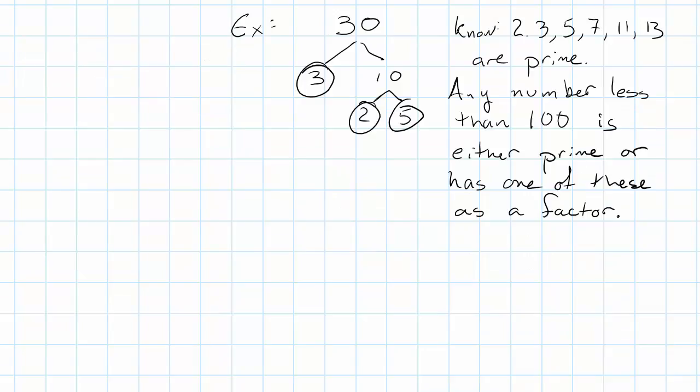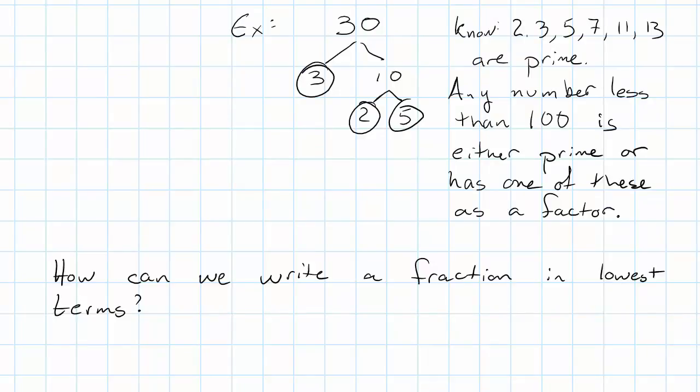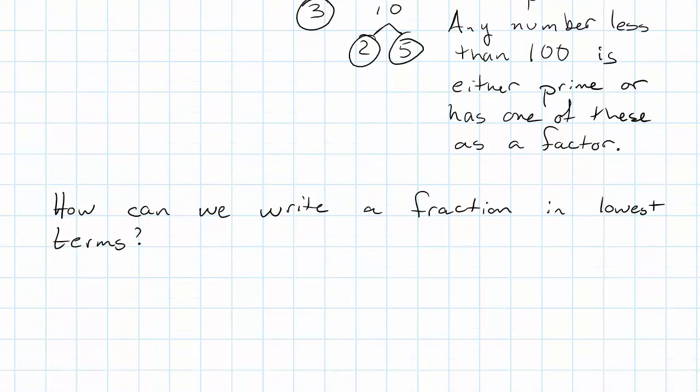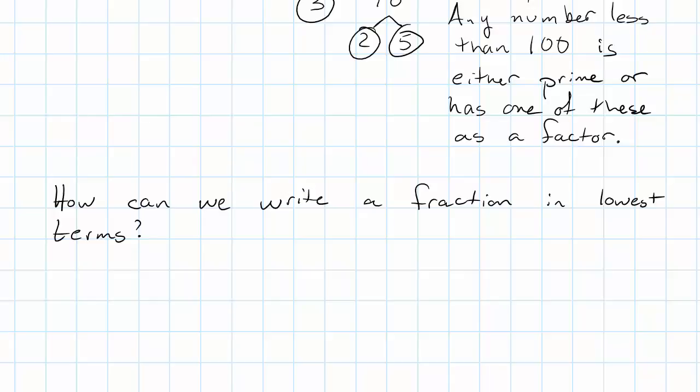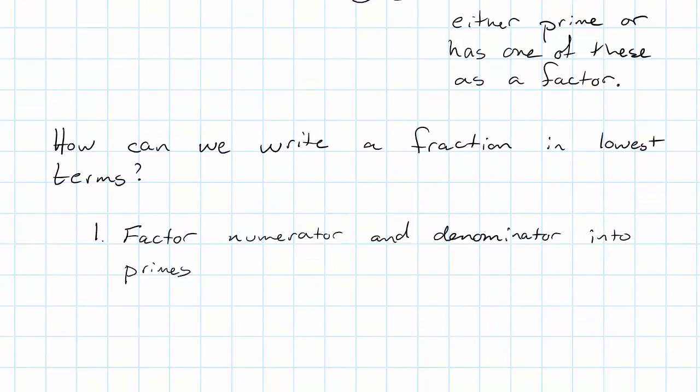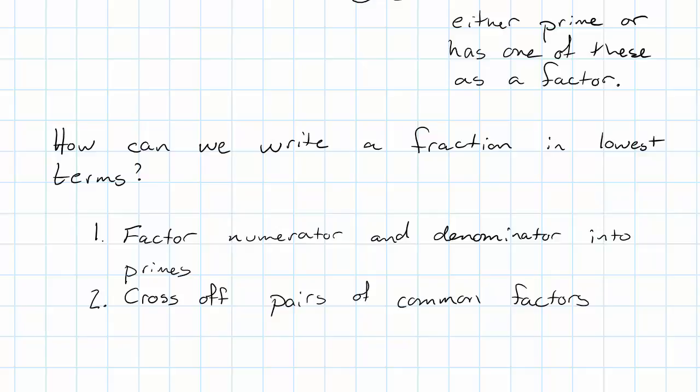So based on that knowledge then, how can we write a fraction in lowest terms? Now again, there are other methods for doing this, but this method is straightforward and always works. First we factor the numerator and denominator into primes, then we cross off pairs of common factors, and finally we multiply the primes that remain.